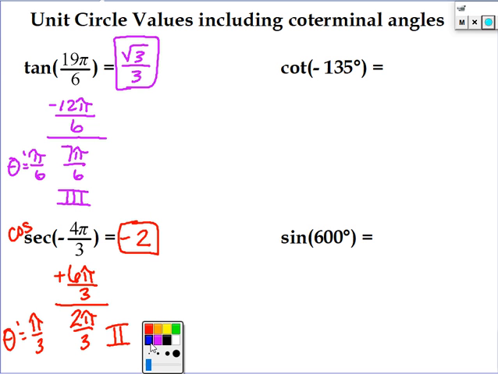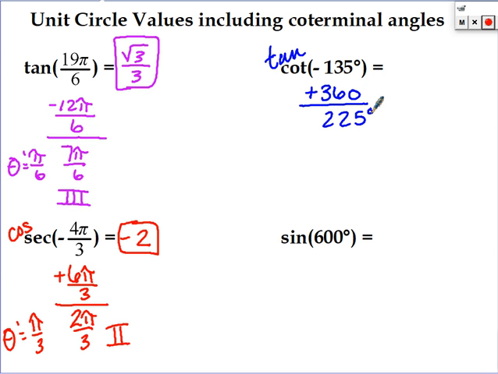Over here, this is another reciprocal, so I'm going to write tangent above it. Again, this is one that you would add 360, and so I'm going to get 225. 225 is in quadrant 3 and part of the pi over 4 family. Okay, so in quadrant 3, tangent and cotangent are positive, and the tangent of pi over 4 is 1, so the cotangent would also be 1.